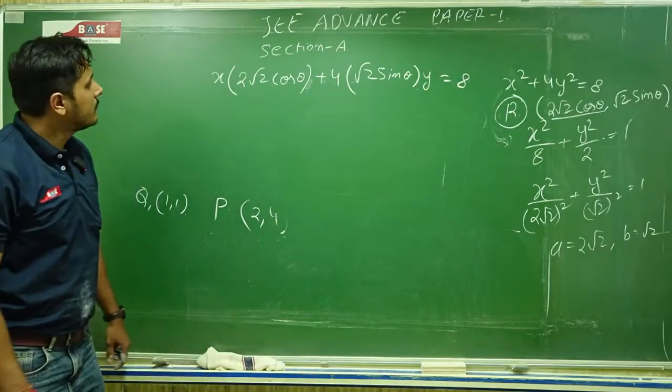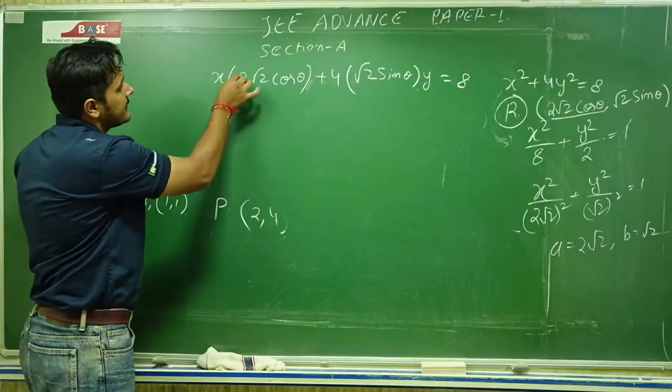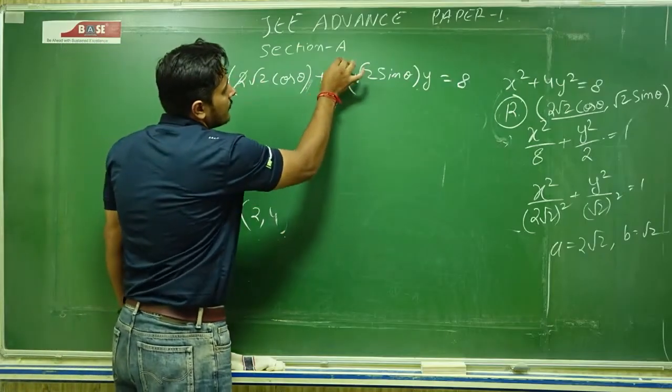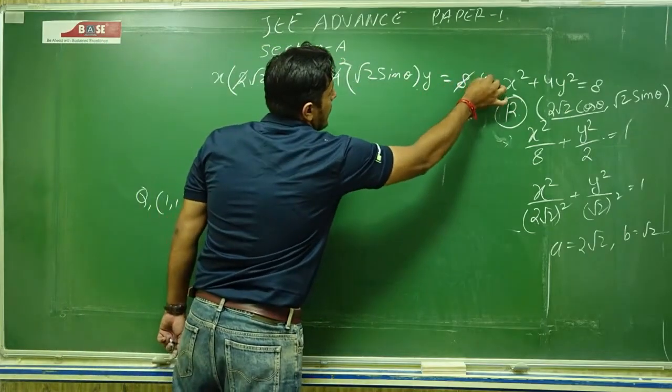So again, let me first cancel what is getting cancelled. 2, this will become 2, and this will become 4.